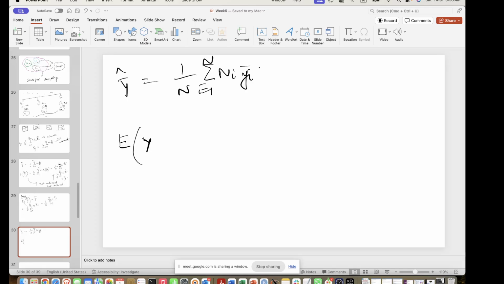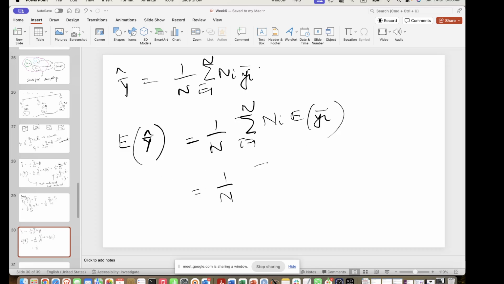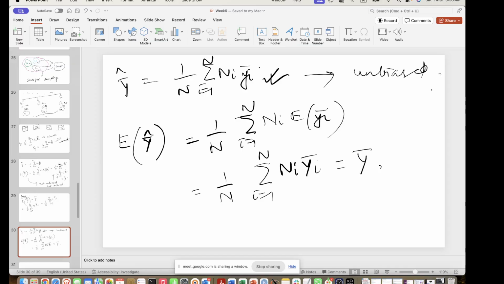Then expectation is equal to 1 by capital N summation i equal to 1 to n of capital Ni times expectation of small yi bar, which equals 1 by capital N summation of capital Ni capital Yi bar, and this is equal to y bar. So then this one is unbiased.